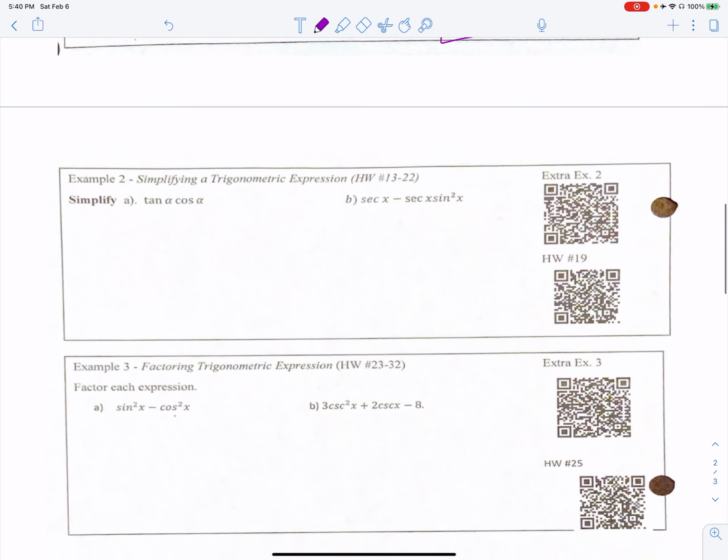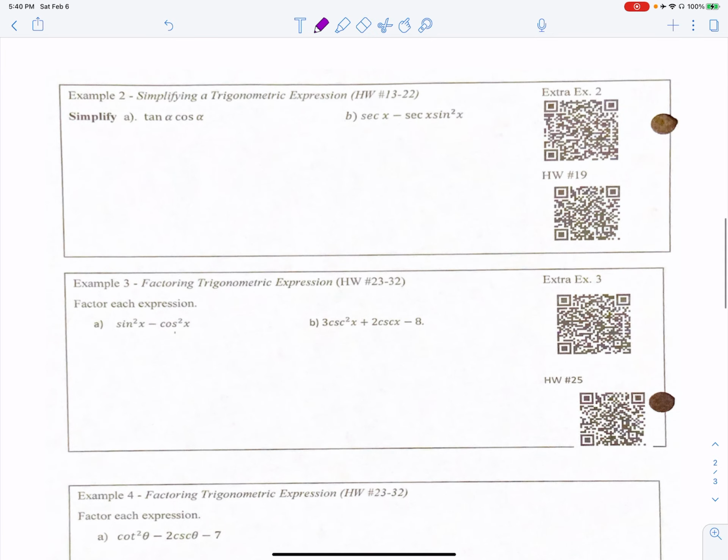All right, so now we're going to go to simplifying. And when we are simplifying, we are going to try to rewrite with the least number of terms when possible.